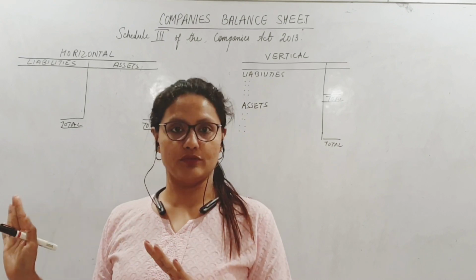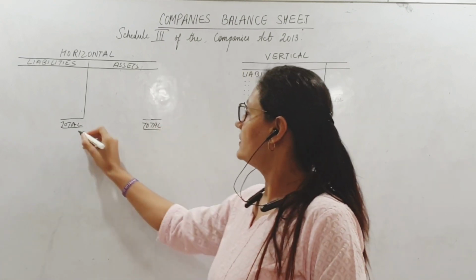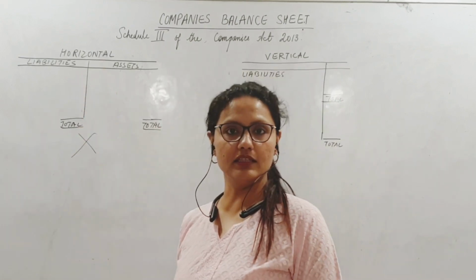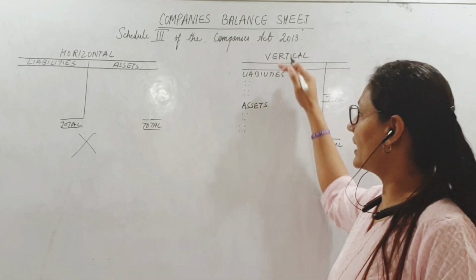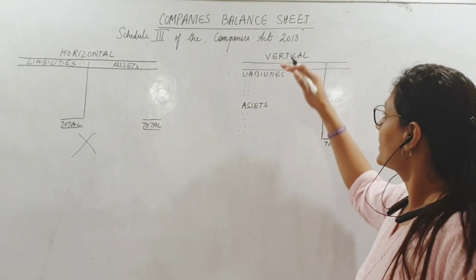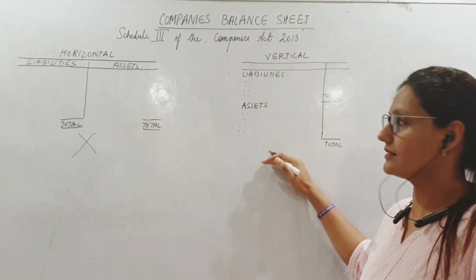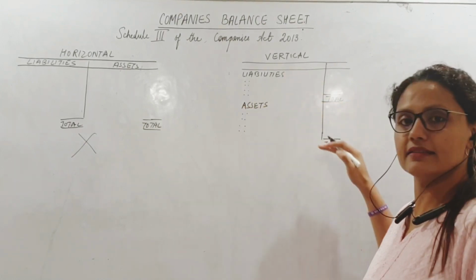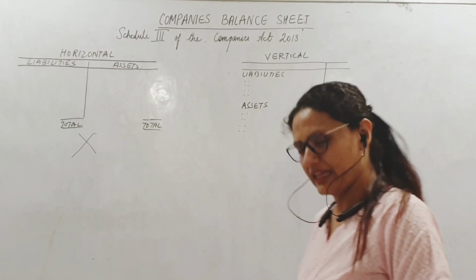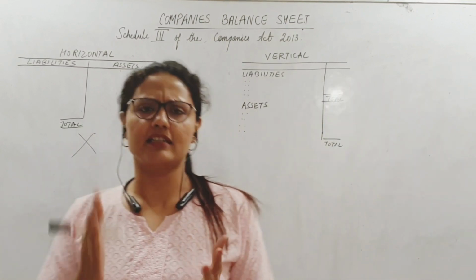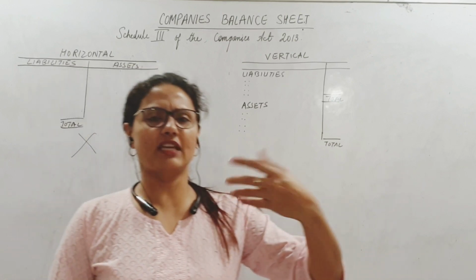Now we are not going to do this. Company accounts do not follow the horizontal balance sheet. It prescribes the vertical form of balance sheet, wherein we have liabilities first and then the assets. The liabilities total and the asset total here. So basically it remains the same, just the format and the positioning will change a bit.